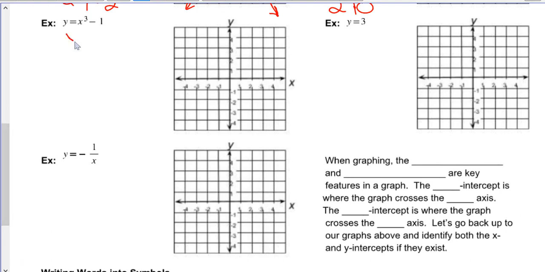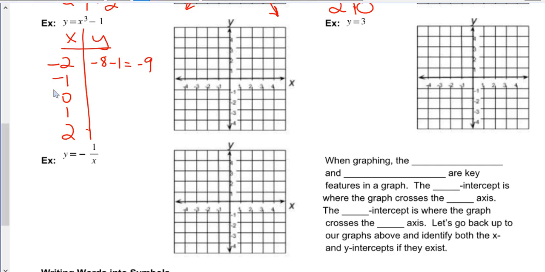So again, we're going to use negative 2, negative 1, 0, 1, and 2. So we're going to throw negative 2 in and cube it. So negative 2 times negative 2 times negative 2 is negative 8. Minus 1 is negative 9. Well, that's going to be unfortunate because it's going to be off our chart.